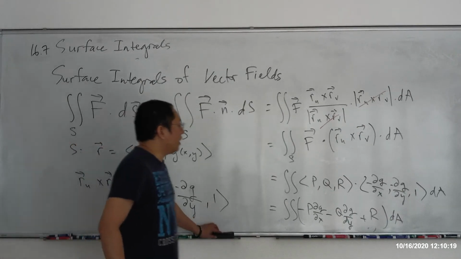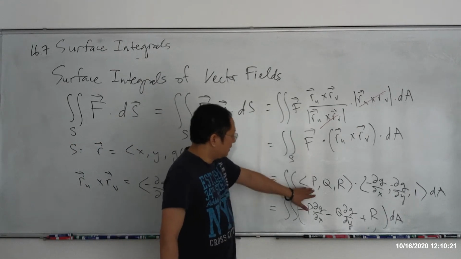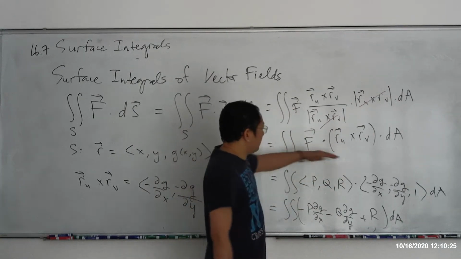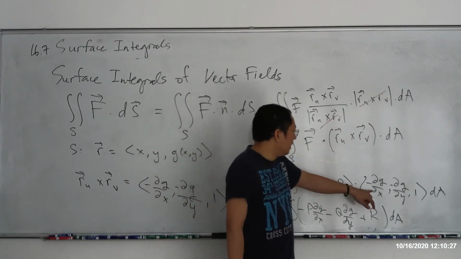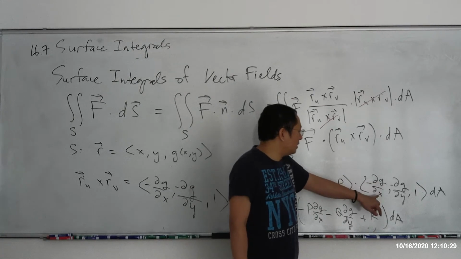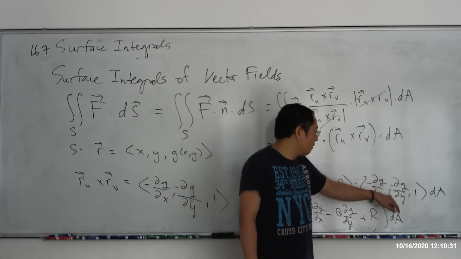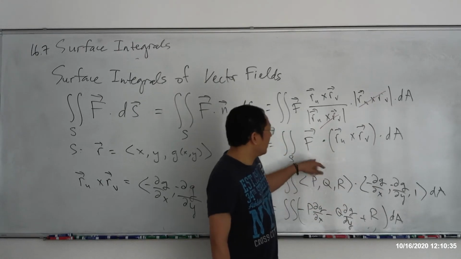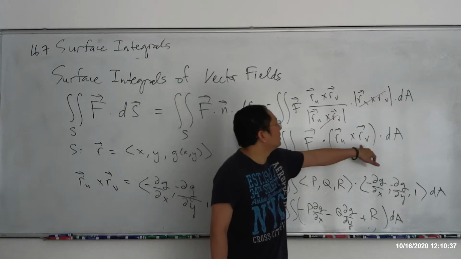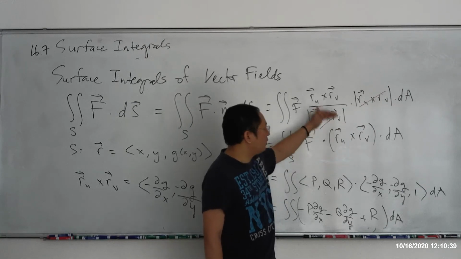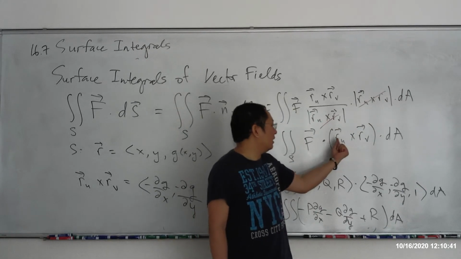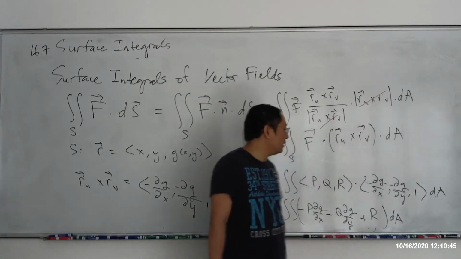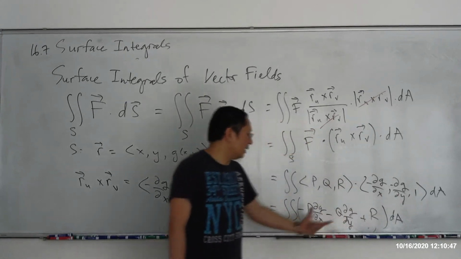It means what? If you have a vector field F written down, and you know that the surface is a function, then you take the partial derivative of that function in terms of x, the partial derivative in terms of y, with a negative in front, and 1, and then you dot those two terms. Again, we're talking about vector F dot Ru cross Rv. It helps you save some time of calculating the first partial derivative, the second partial derivative, and then the cross product, which takes some time. We do it for you, and then you plug it in.